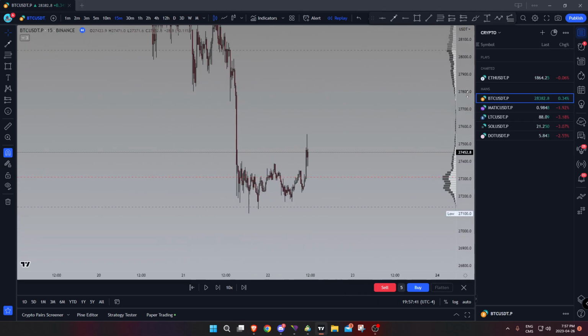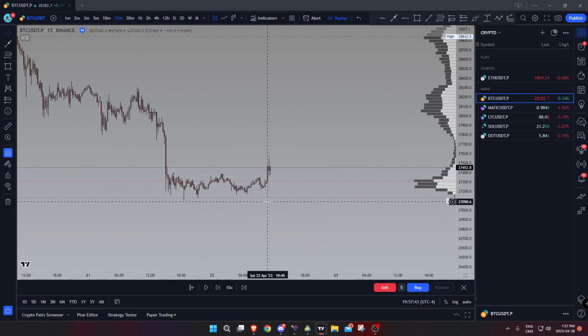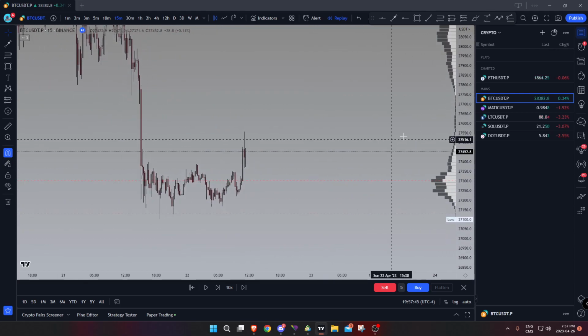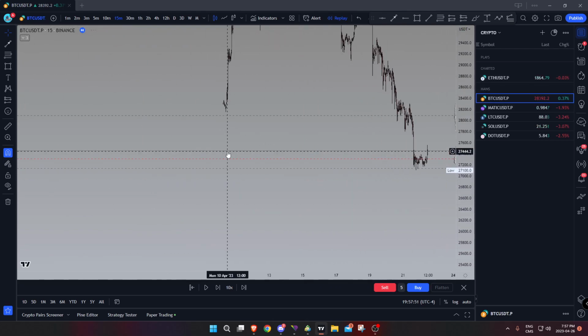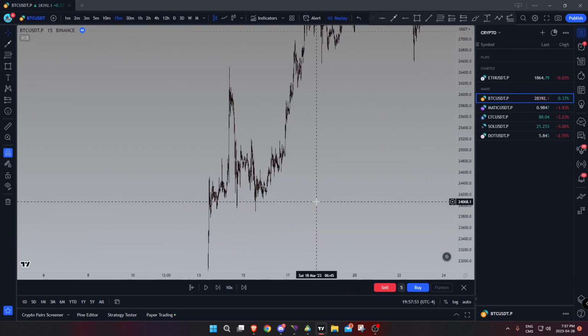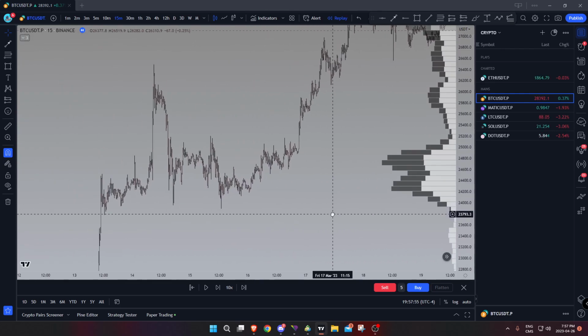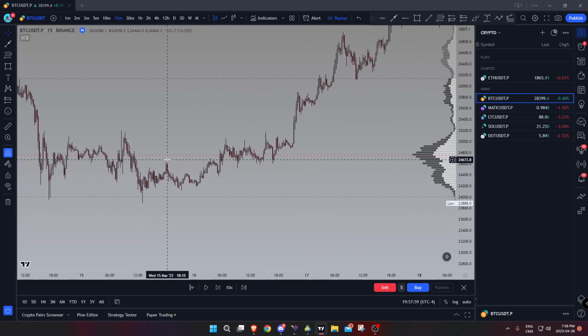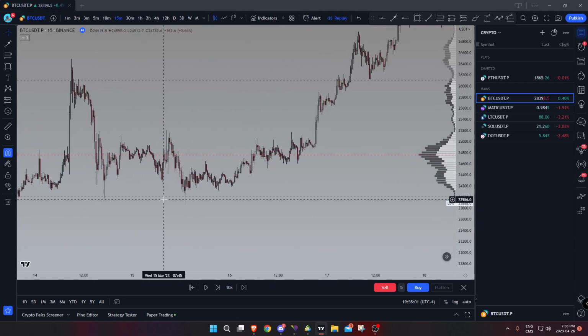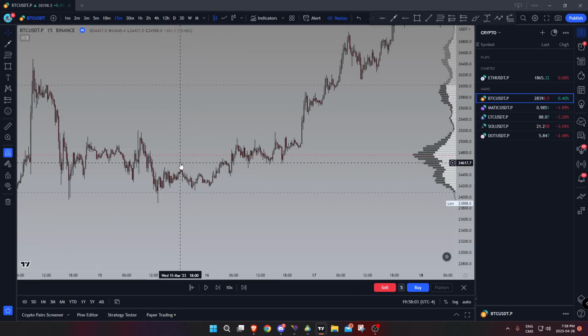We are clearly not, but let's say we are, and I'll try to find an example on the bullish structure, just to make this look more clear. All right, let's get this one.